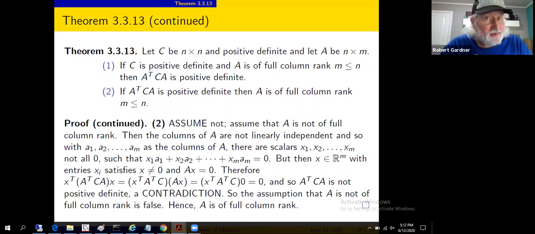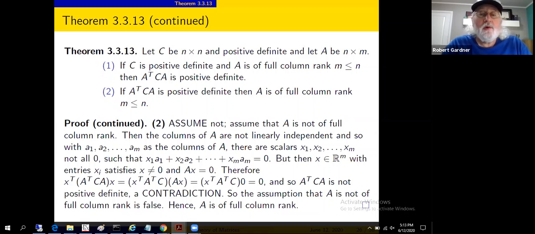Not all the components of vector x were 0, because not all of these coefficients, the x sub i's, are 0. So we don't have a 0 vector, yet we still have Ax equals 0. That's how we got here. We took matrix A times vector x, produced this linear combination, and got out the 0 vector. So we've got a non-zero vector which, multiplied by A, gives a 0 vector.